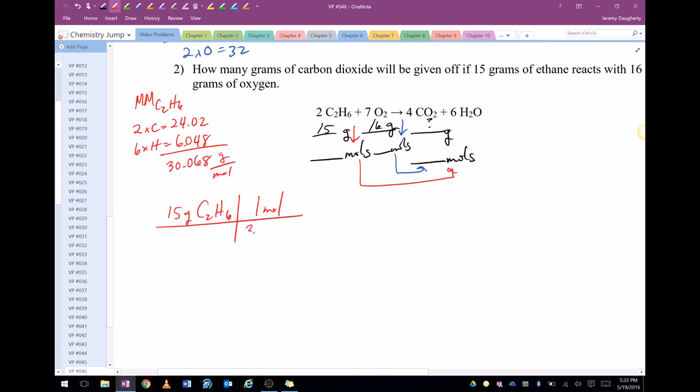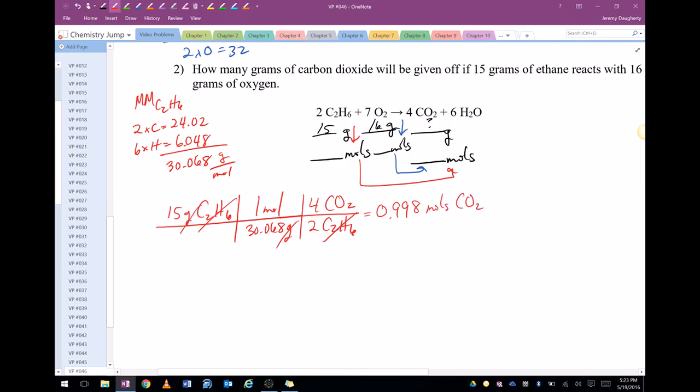So that's 30.068 grams. And then I'm going to convert that to moles of CO2. So I've got 4 CO2s for every 2 C2H6s. So 15 divided by that 30.068 times 4 divided by 2. That gives me 0.998 moles of CO2.